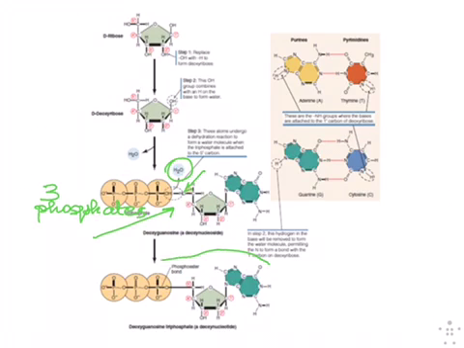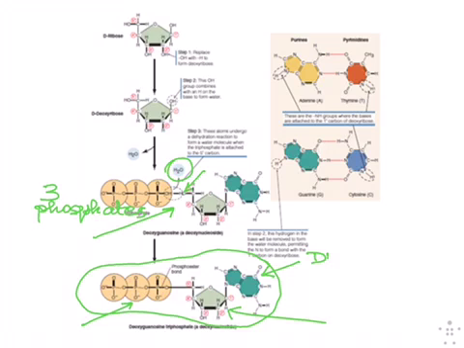And that's how you end up with a mononucleotide with a ribose sugar, which we drew before, the 3 phosphates, and the nitrogenous base.